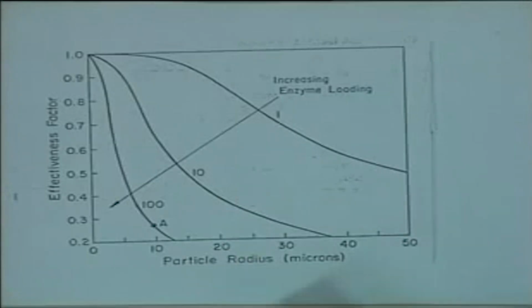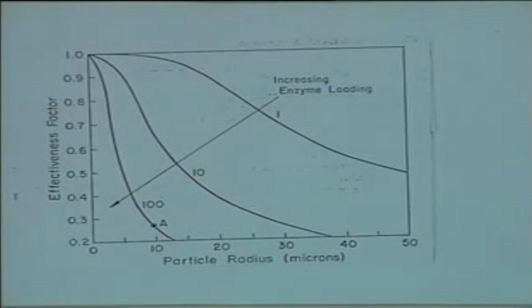Another thing which also has been checked experimentally, another factor which influences the reactor performance as a result of pore diffusion, is the effect of increasing enzyme loading. Basically what you are doing when you increase enzyme loading is changing the Thiele modulus. The numerator in the Thiele modulus, which gives you the reaction rate constant, is increasing because the concentration is high.